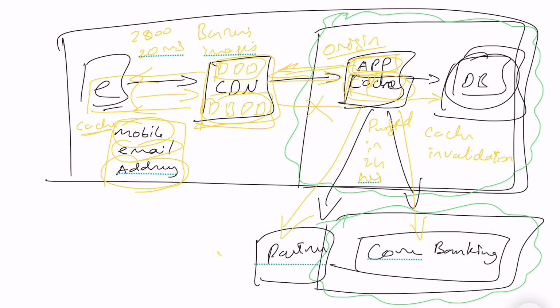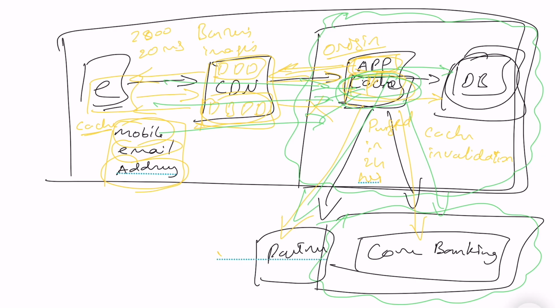So for 24 hours, whatever connections are coming this way, they all will be served from this cache. But after 24 hours it will not be found in the cache. It will again go to the backend system, fetch it, and then put it in the cache again for 24 hours. That is how the cache flow works.